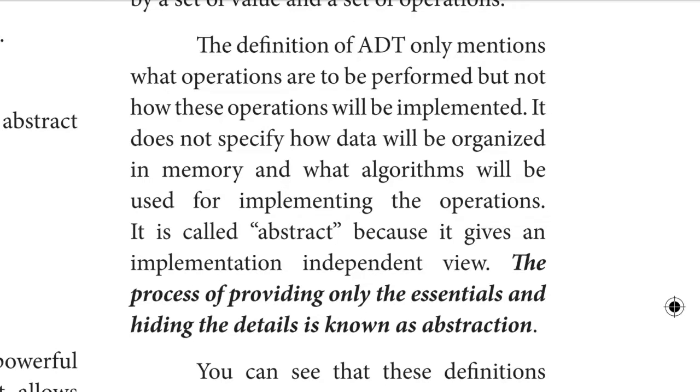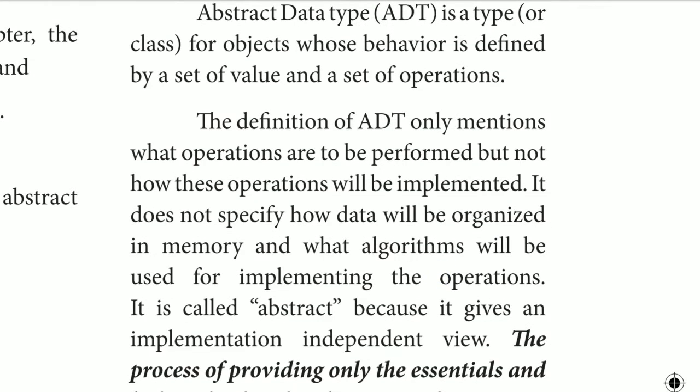Here you can see that two things are given. ADT mentions what operation is to be performed, but not how the operation is implemented or done. It does not specify how the data is organized in the memory, and what algorithm will be used for implementing the operation.